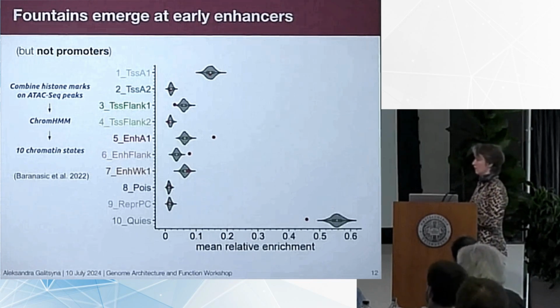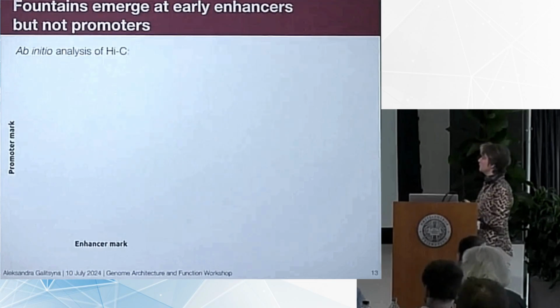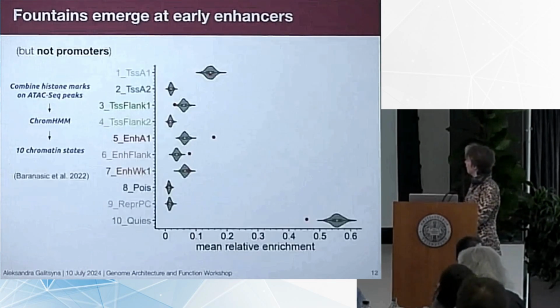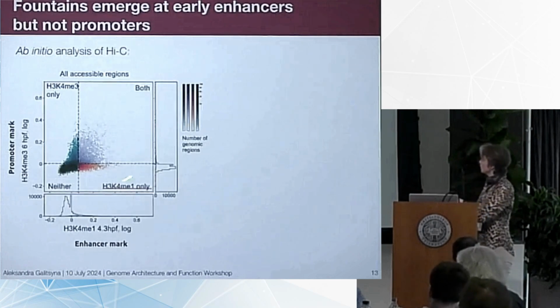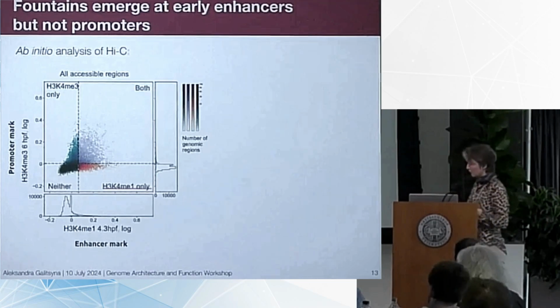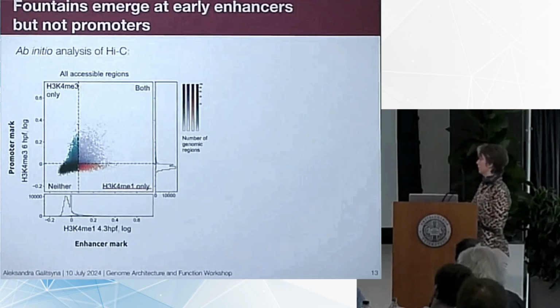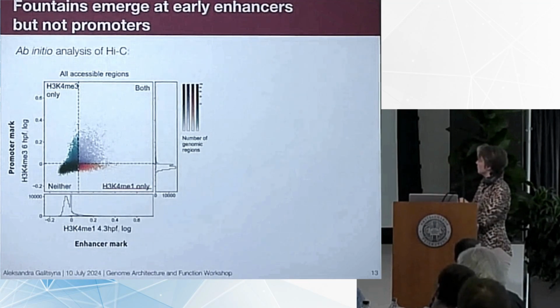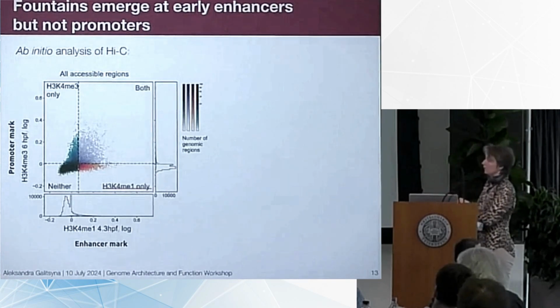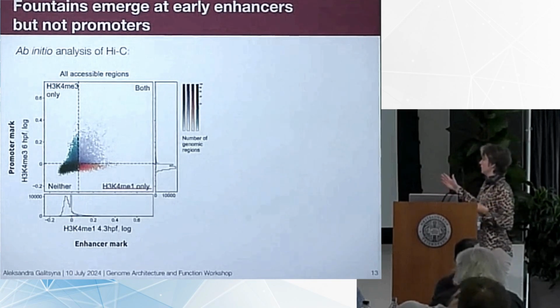And we performed a more ab initio analysis of Hi-C, where we took multiple genomic bins without knowing which of them are fountains or just plain chromatin. Then we took H3K4 monomethylation and trimethylation and plotted them against each other, and we had a nice distribution of all genomic bins.